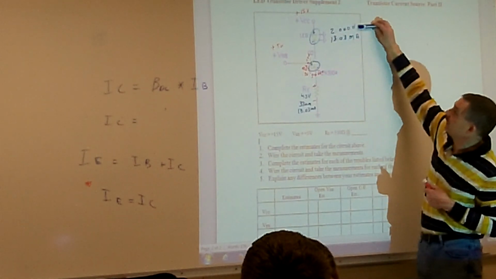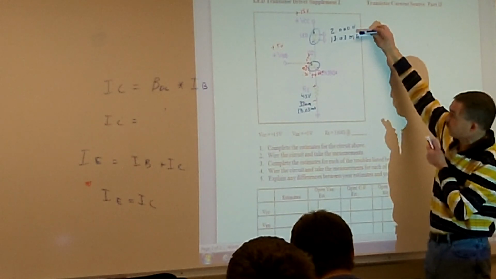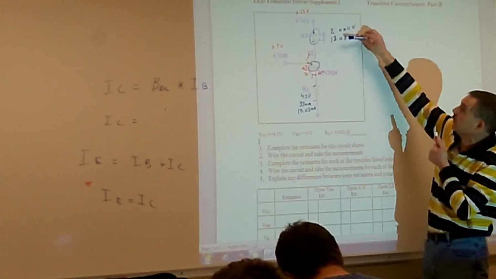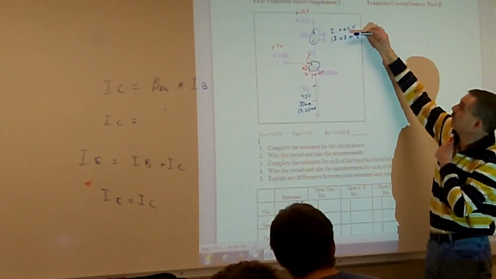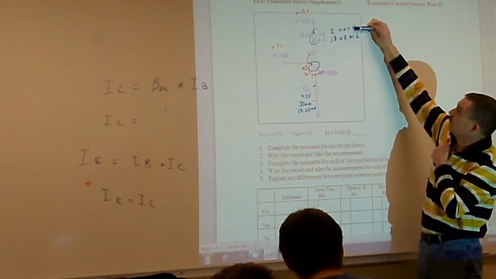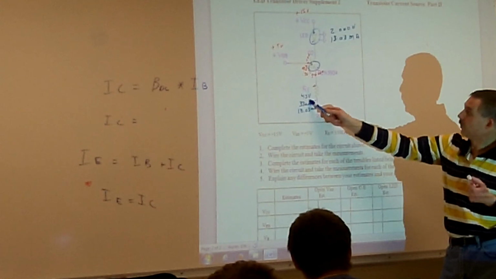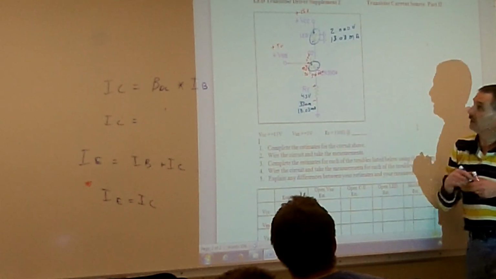But we already know that the LED is going to have current going through it, as long as our polarity is correct on our LED, and it is. We know that we're going to have that 13.03 milliamps current going through there, and it's going to drop its 2 volts. RE is going to drop its 4.3 volts. So how much voltage then is going to be dropped across CDE?